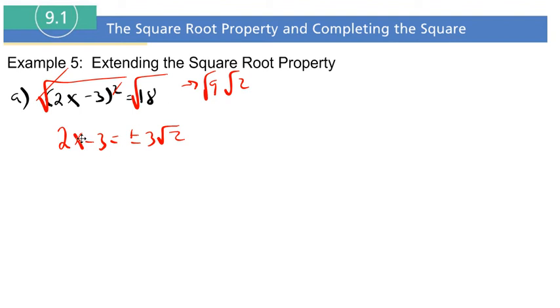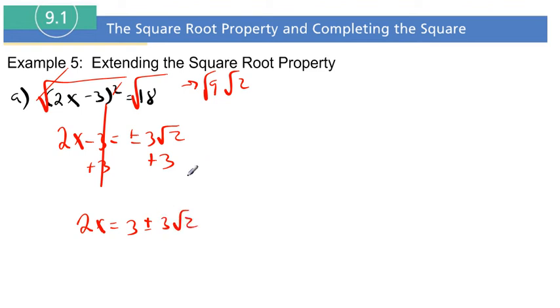All right, let's continue on here. Now this becomes a two-step equation. I'm going to add 3 to both sides, and then divide by 2. So let's add 3 first to both sides. Those are opposites. So I get 2x equals, let's remember here, the 3 goes in front of the plus or minus, so it's 3 plus or minus 3 radical 2.